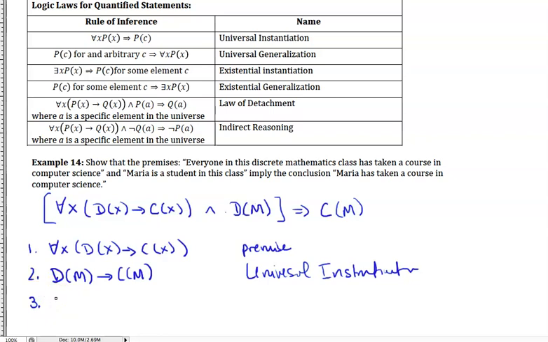Okay, then we have D of M is true. This is not a predicate anymore, it's just a regular proposition. So if D of M then C of M, and I know D of M, so if I combine steps 2 and 3 together, they imply C of M with the law of detachment.